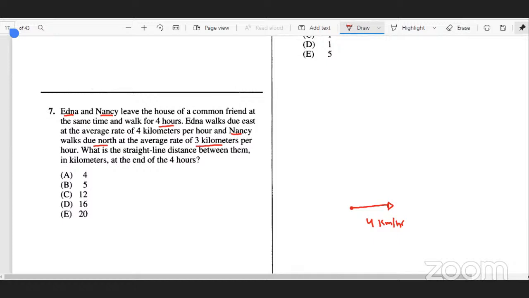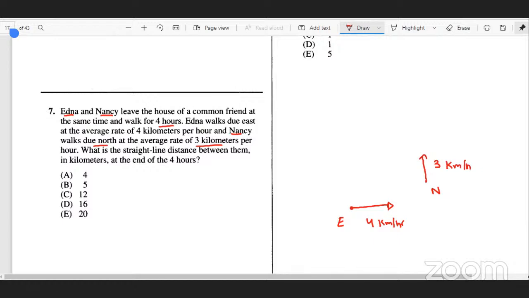So let's draw for Nancy here. This is for Edna and this is for Nancy. And she is walking towards north, right? With the speed 3 kilometers per hour. So we have basically written all this English in a mathematical way by using vectors.